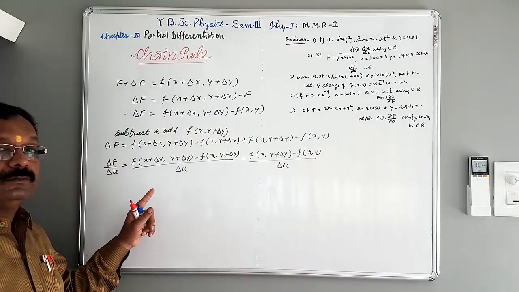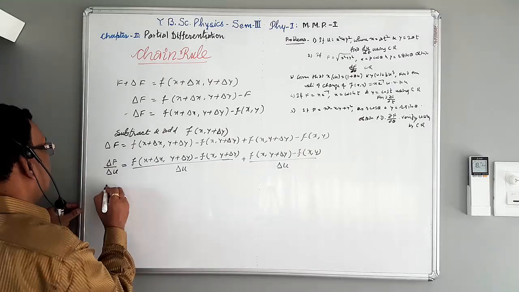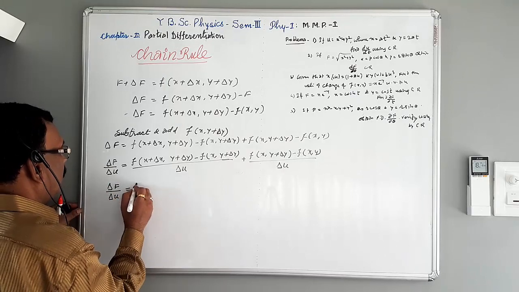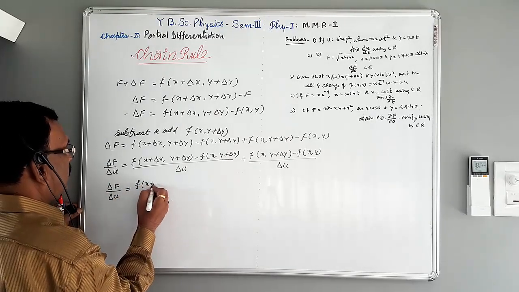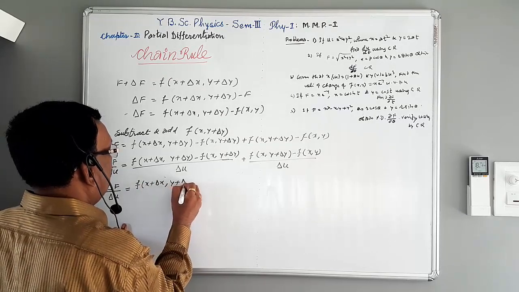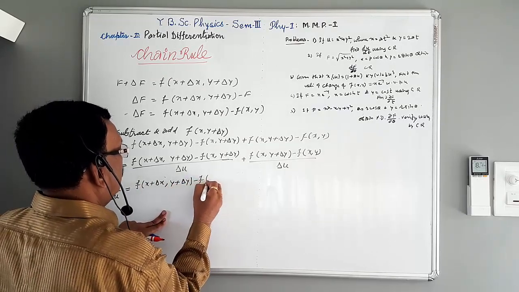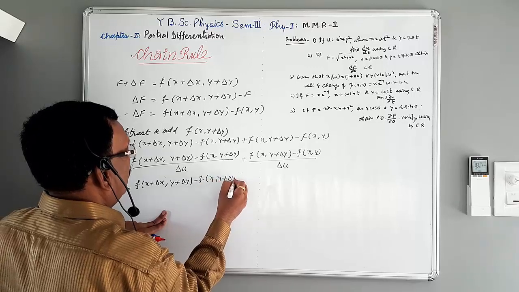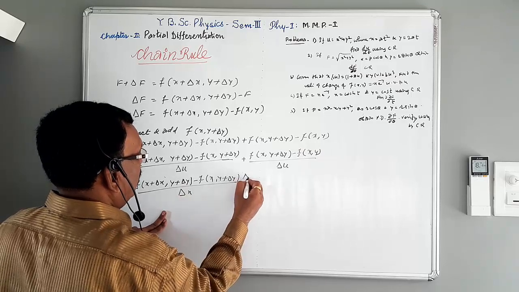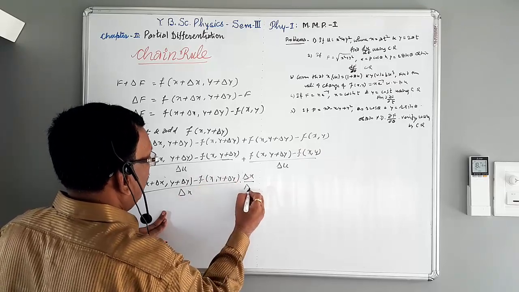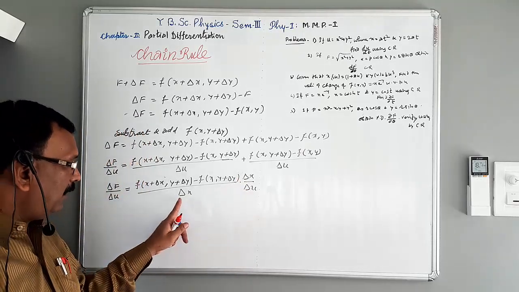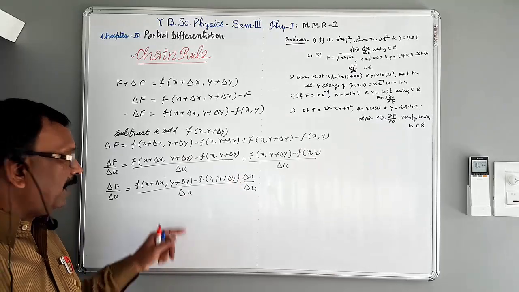Now again make a little arrangement: delta f by delta u is equal to f of x plus delta x comma y plus delta y minus f of x comma y plus delta y, divided by delta x and multiplied by delta x, with delta u as it is. That means we multiplied by delta x and divided by delta x.